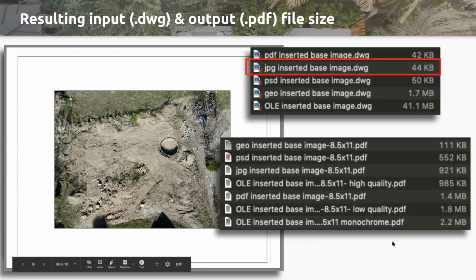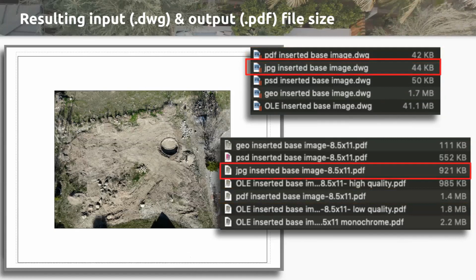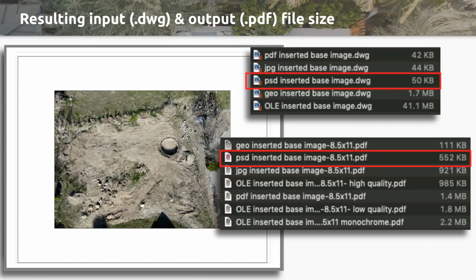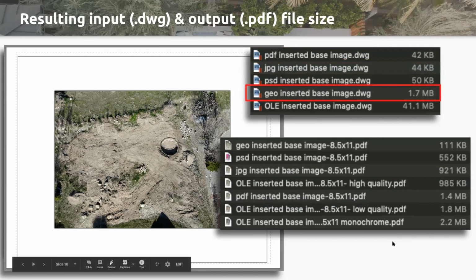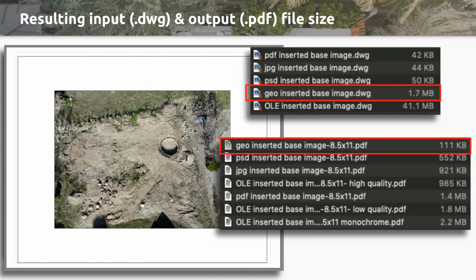So if you go through here and compare this, you can start seeing what the system is doing with that image as it sits in CAD, how you work with it, and then when it gets exported, what your outputted result is going to be.